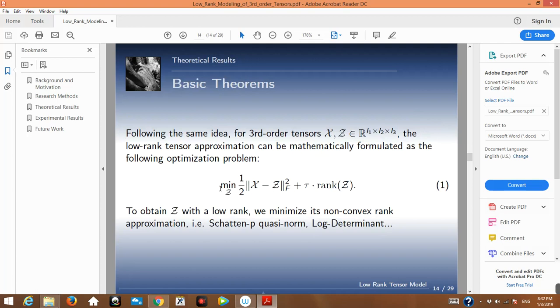This is our objective function. We want to minimize this Frobenius norm. Tau is a Lagrange multiplier, and this part is a penalty. That is to find a low-rank tensor Z which can approximate tensor X.